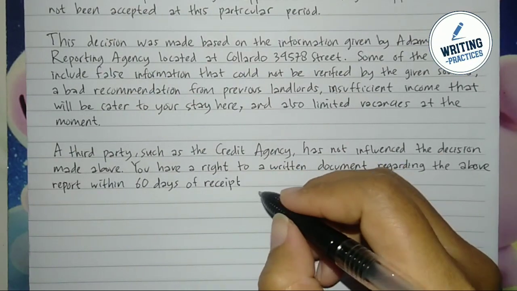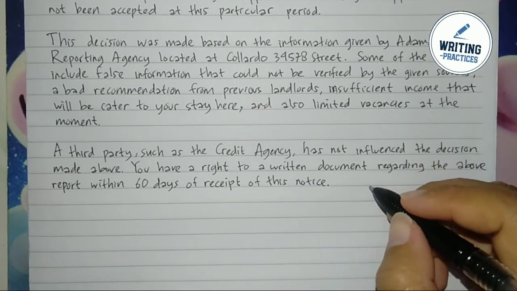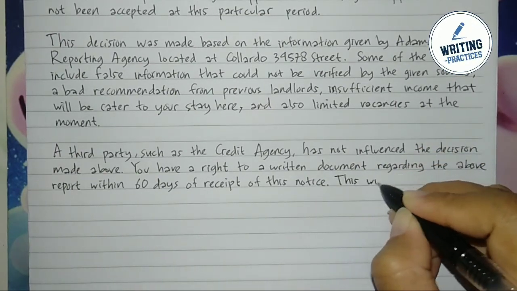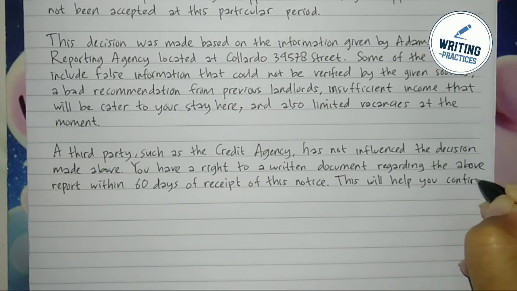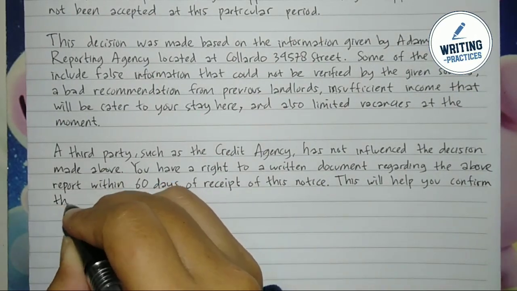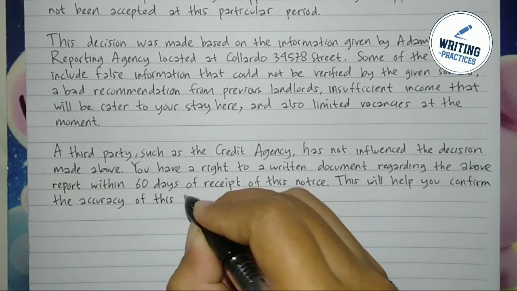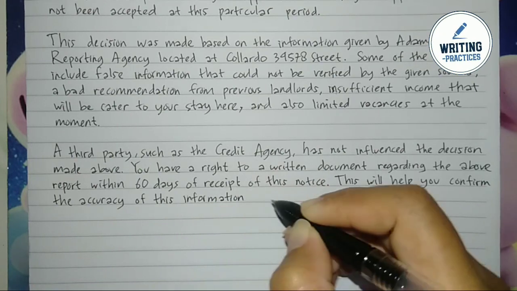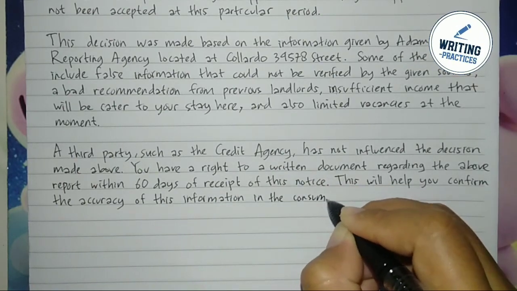Usually, the data is valid within 60 days. And you can tell the recipient that this report will help the recipient to confirm the accuracy of the information given by the third-party like credit agencies.